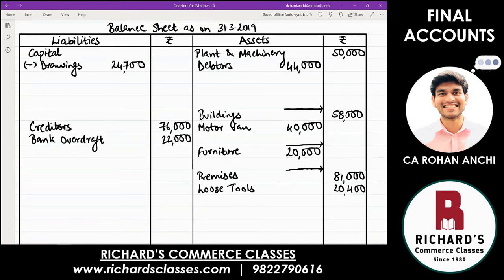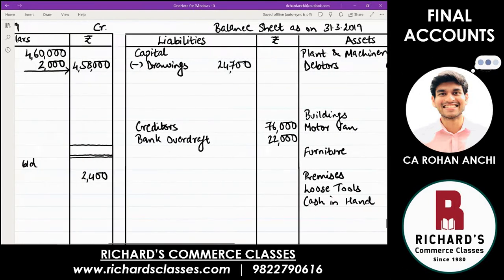Next, cash in hand is an asset. So on the opposite side, below loose tools, write down cash in hand. That is 71,000. Next, dividend. It is given in the credit, that is your income. So come to the profit and loss account, credit side.